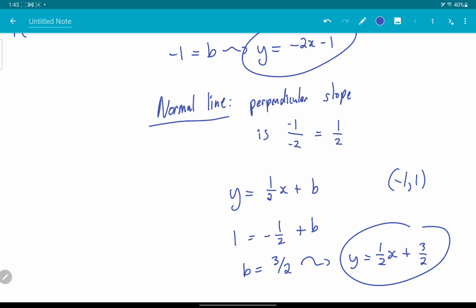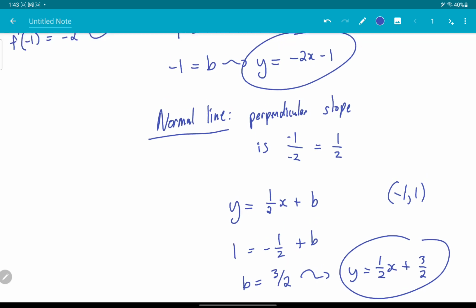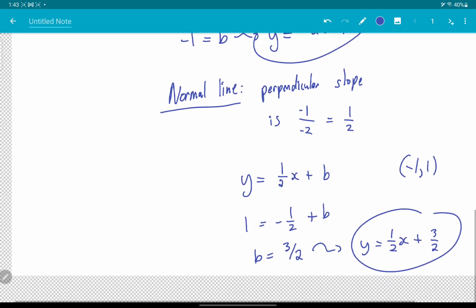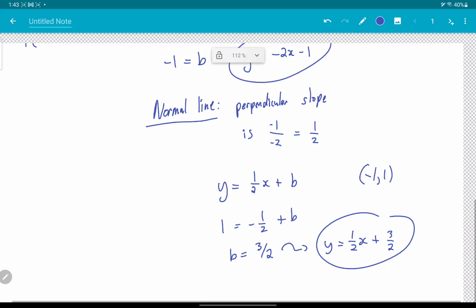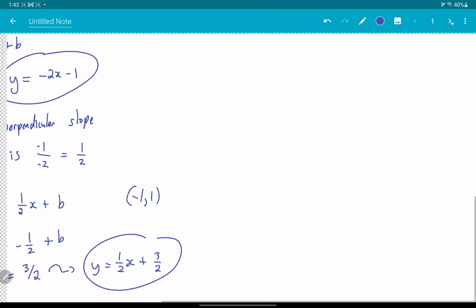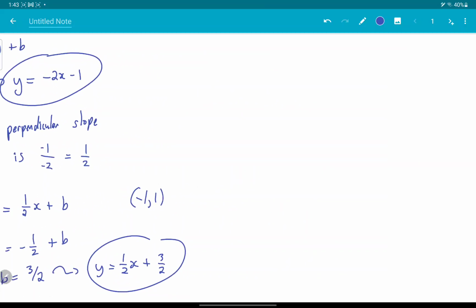Let's draw a little picture to see what these look like. So I'm going to draw the two lines, -2x minus 1. Where can I do that? I'll do it over here. Draw these two lines. So we're going to go like this and like this. I'll have a look at my lines. What do I need here?